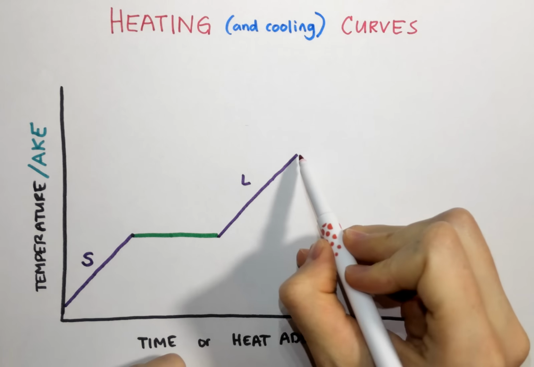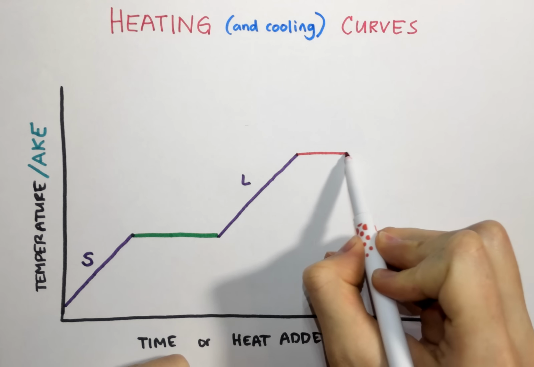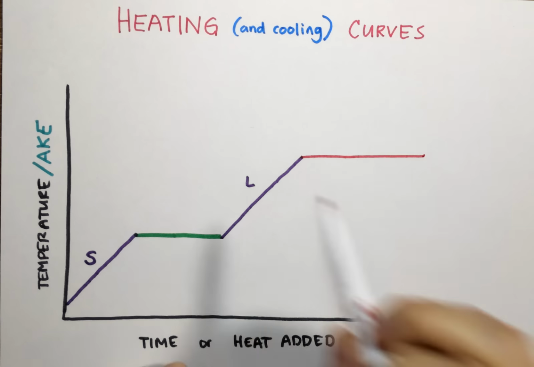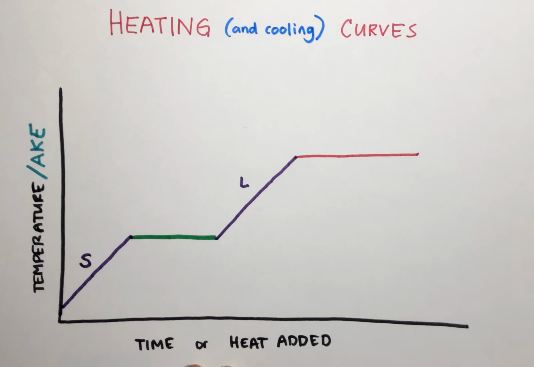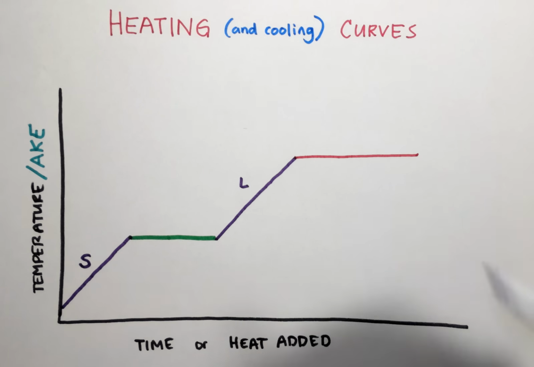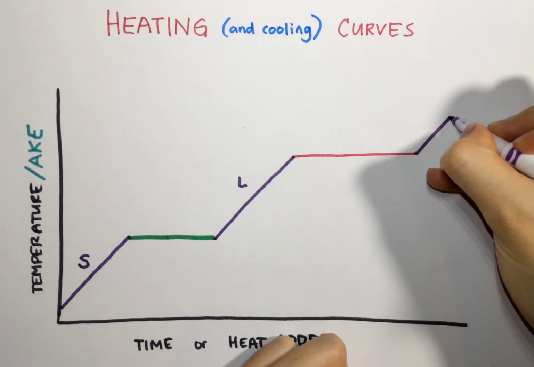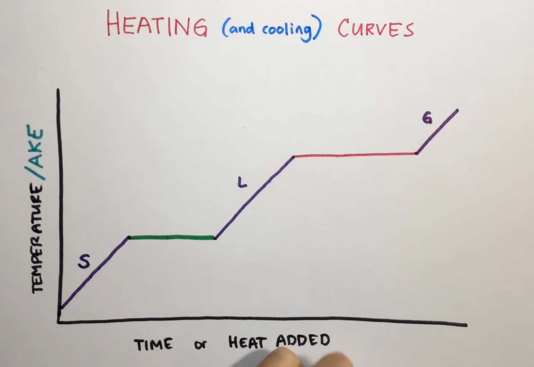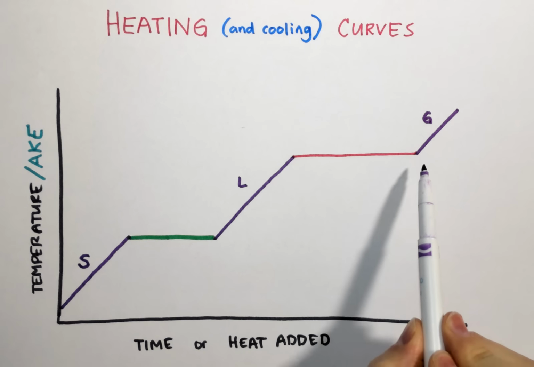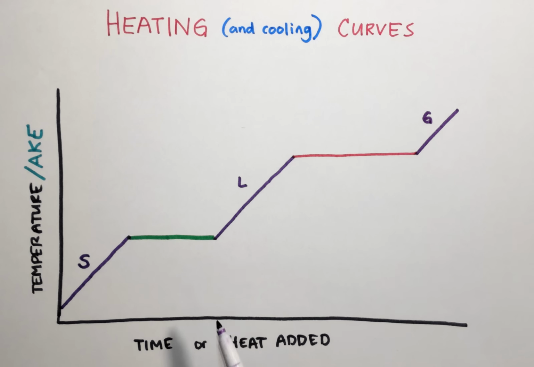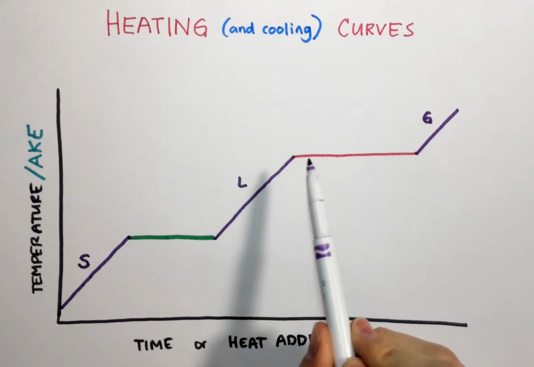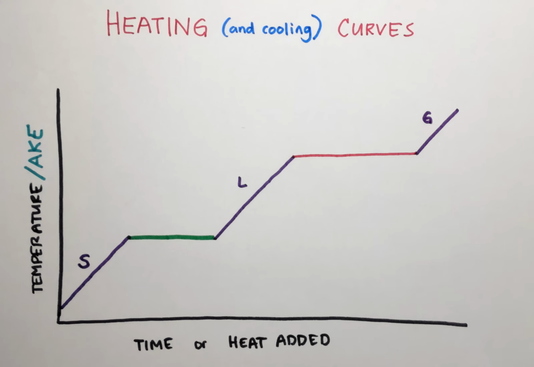So we'll draw in a line to represent that at a particular temperature, a substance is going to want to make the change from liquid into our final state of matter, gas. So that red line again is flat because boiling happens at a particular temperature, but it takes some time or it takes some energy to be put in in order to get that change completely finished.